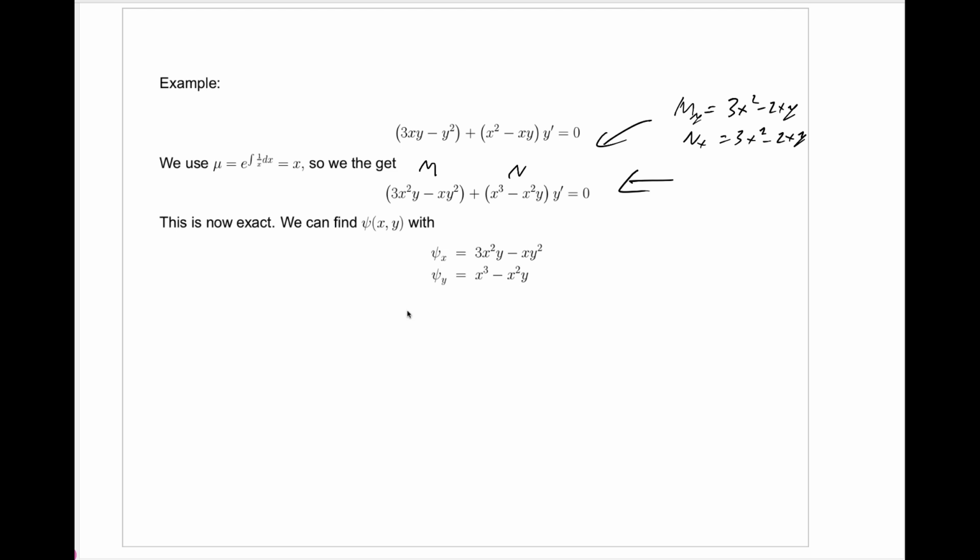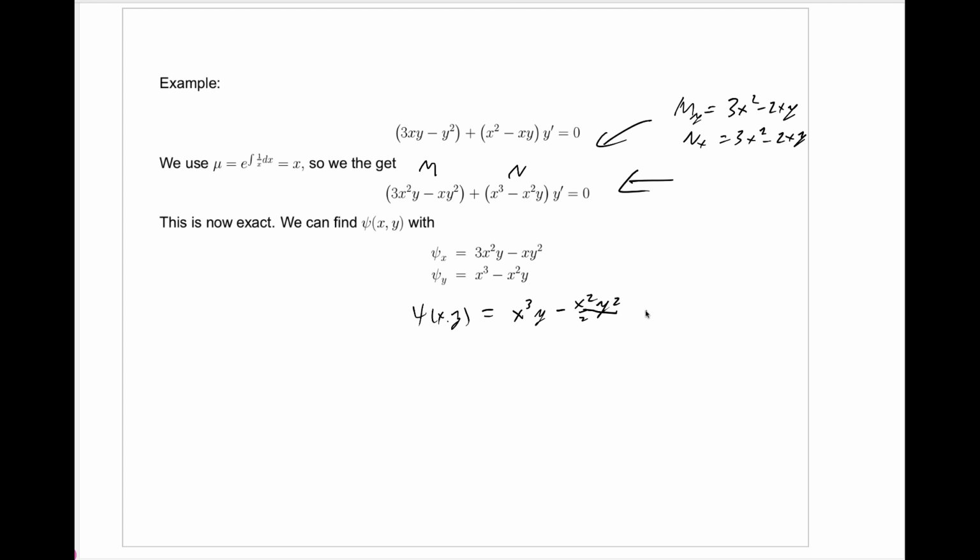We start by integrating this function with respect to x, and we get x cubed y minus x squared over 2 times y squared. I'll write that as x squared y squared over 2.